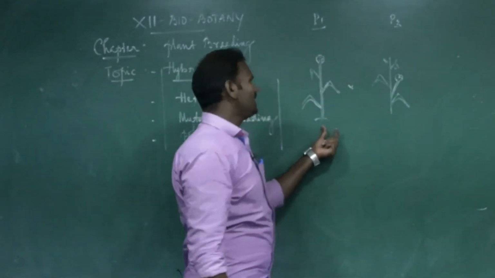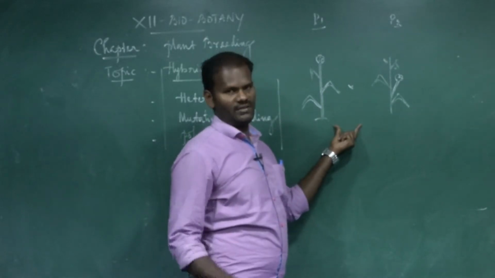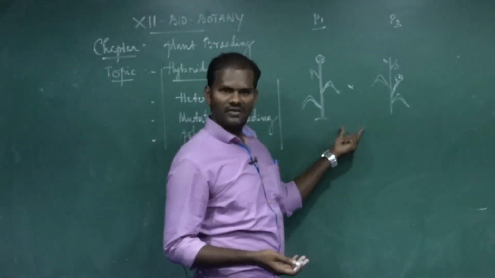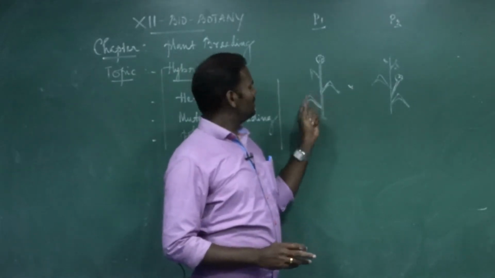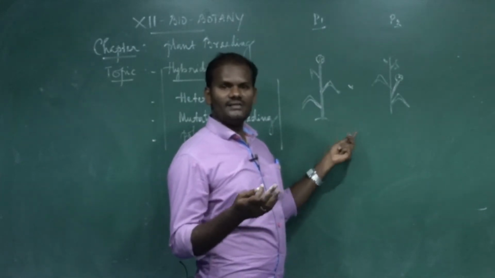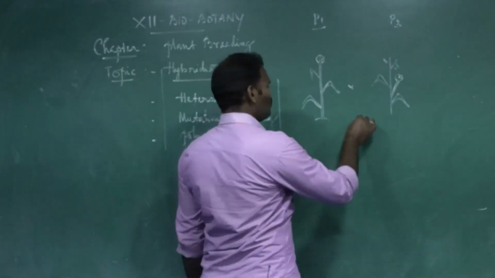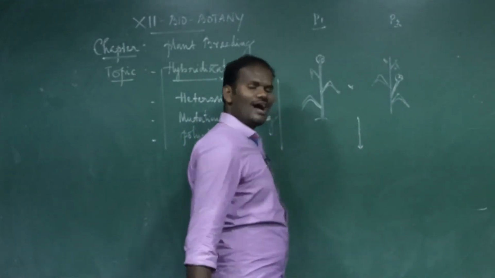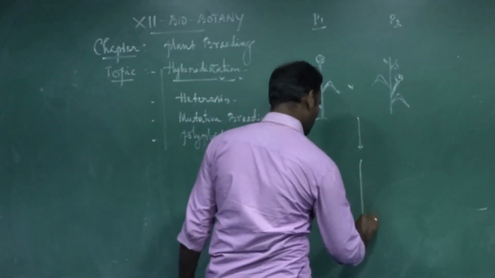So two genetically different or unrelated plants are involved, either of the same species or different species, or same genera or different genera. These are crossed together to form the first offsprings. These are called hybrids. It is a hybrid plant.